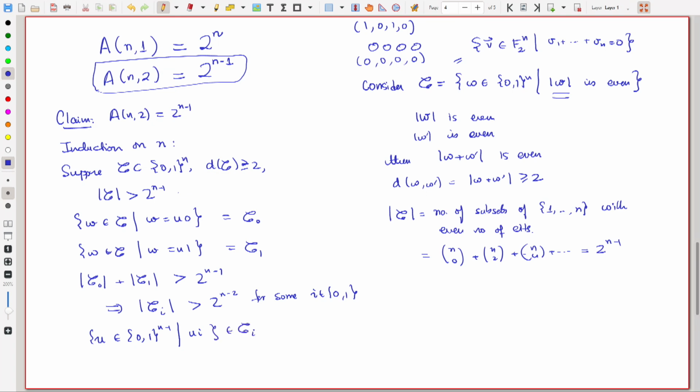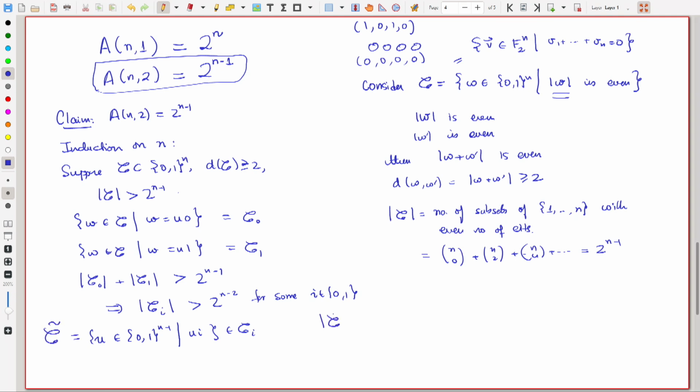So, if C_0 has cardinality greater than 2^(n-2), I will look at the words u such that u_0 is in C_0. So, this is also a set of cardinality greater than 2^(n-2), because it has the same cardinality as C_i, right. So, let us call this C tilde.